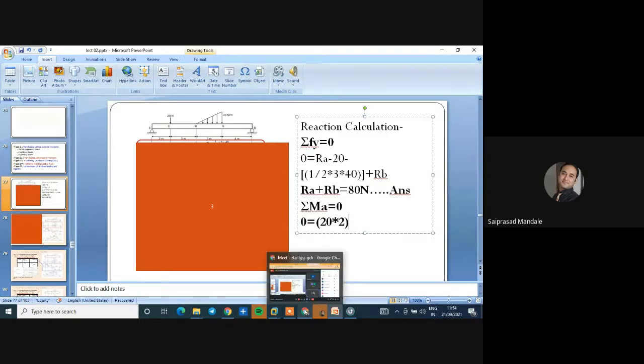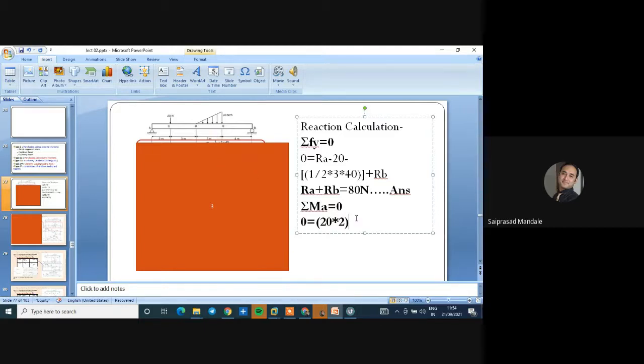Okay, 20 into 2. Now guys, let us check. Here a 20 kilonewton force is rotating in the clockwise direction, so 20 into 2, perfectly right. Now we have to focus on this triangle. This is a UVL and in order to do the intensity calculation, we have to focus on its CG.